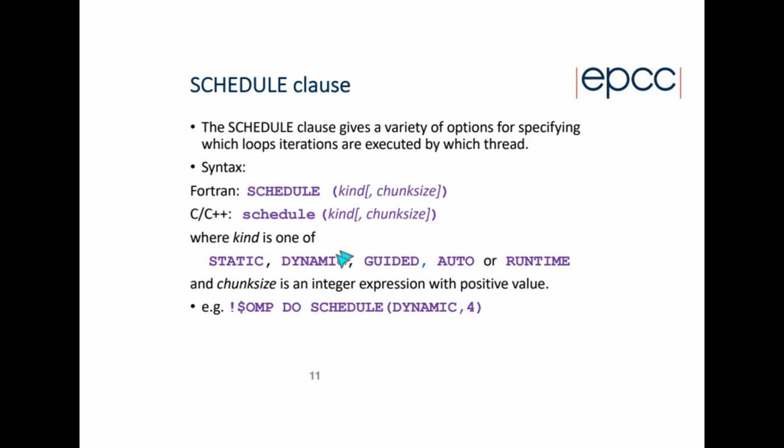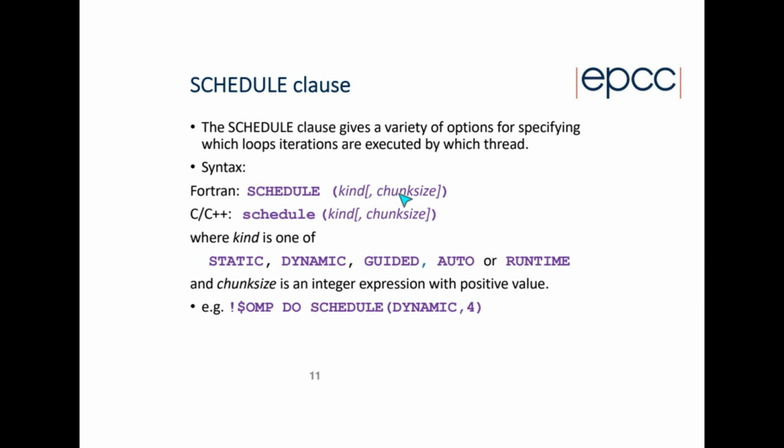So the syntax, this is a clause on the do or for directive. OMP do schedule, and then in brackets a kind, and then optionally a comma and a chunk size.